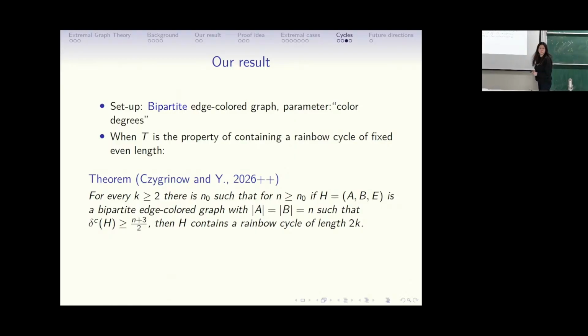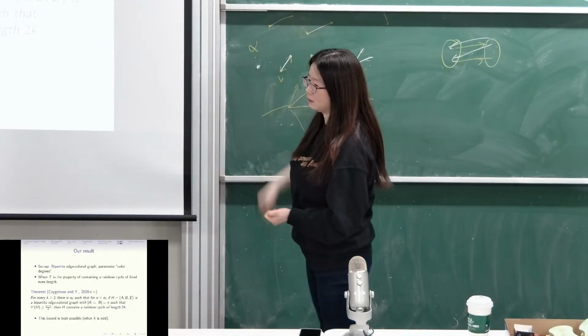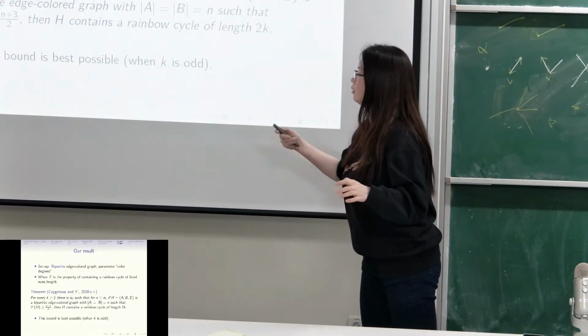And this bound is best possible. You can think of wrapping up a directed blow-up of 4-cycles, then it's roughly a quarter, but you can't get a cycle of length 6.